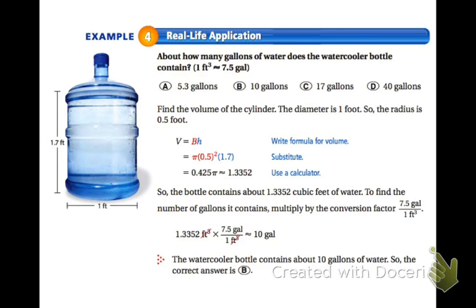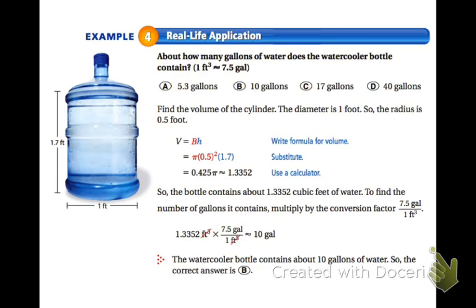Okay, in this next example, it's a real-life application. We talked about some real-life applications of using volume yesterday, and one that wasn't mentioned at all was the volume of a water cooler, or possibly even a water tower, or things of that nature. So we want to know how many gallons of water this water cooler bottle would contain, and we're going to have to make a conversion because the dimensions they give us are in feet.